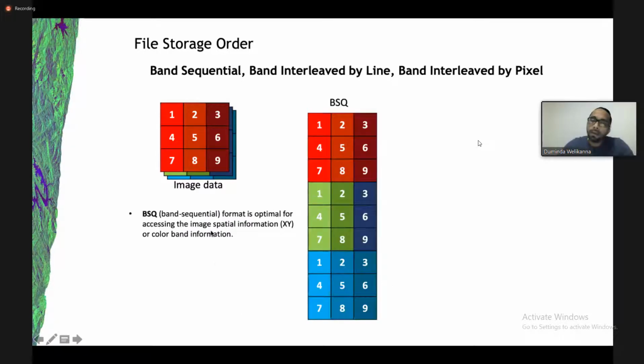Right, so basically, there are three ways that we store this incoming radiation. Band sequential form, that means the whole red image and the whole green image you can see in sequence.